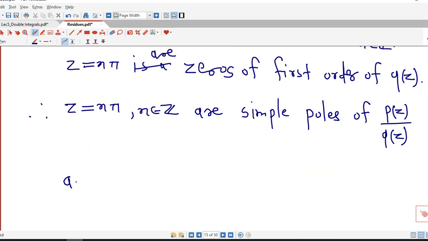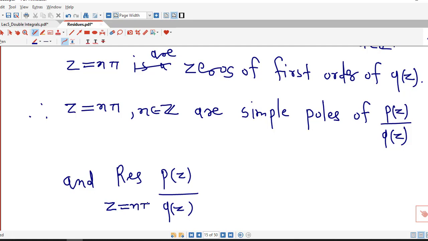Here we have to write n belongs to Z because there are infinite number of values. And we use that formula to calculate the residue of p z over q z at z equal to n pi. We have to remember this formula.